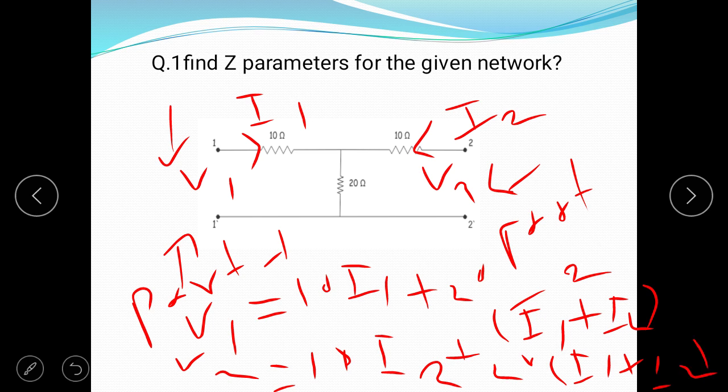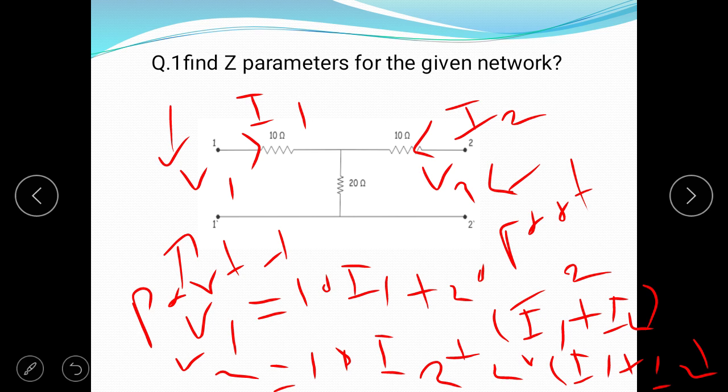So when we write the KVL equation at port 1, V1 is equal to 10 I1 plus 20 (I1 plus I2), and at port 2, V2 is equal to 10 I2 plus 20 (I1 plus I2).